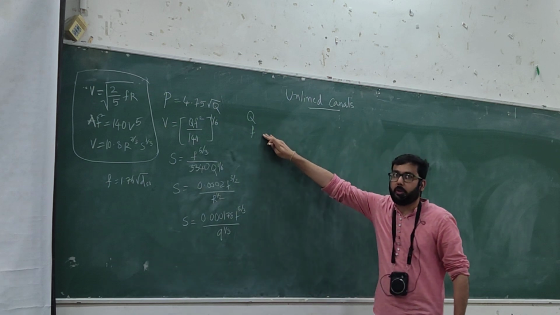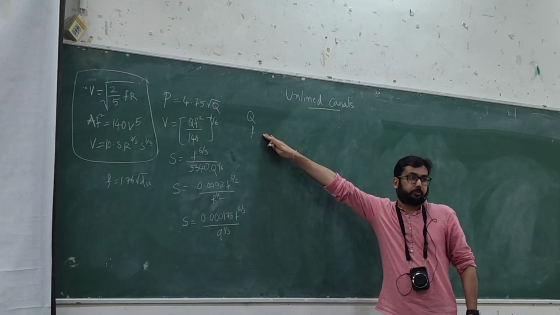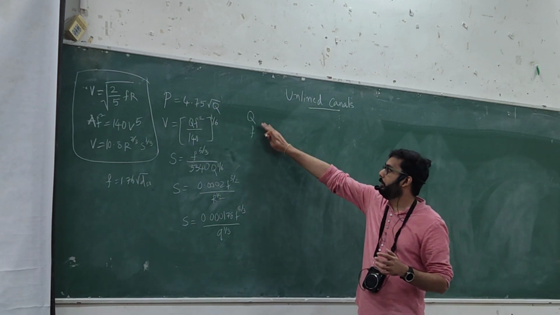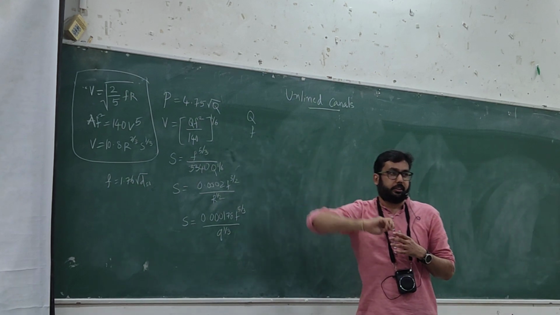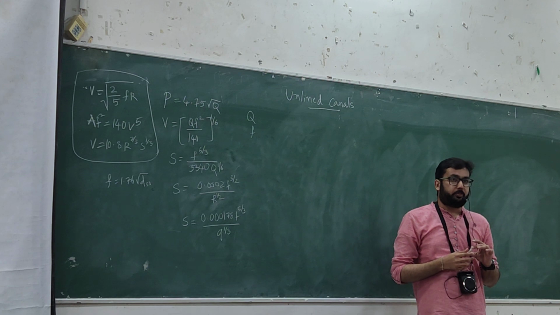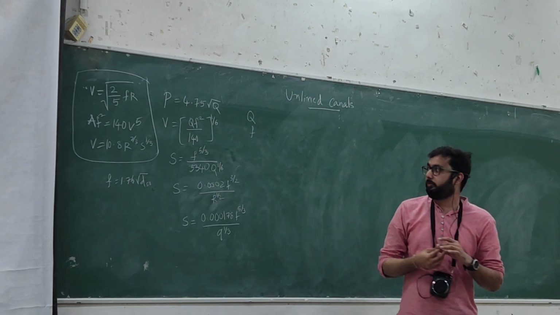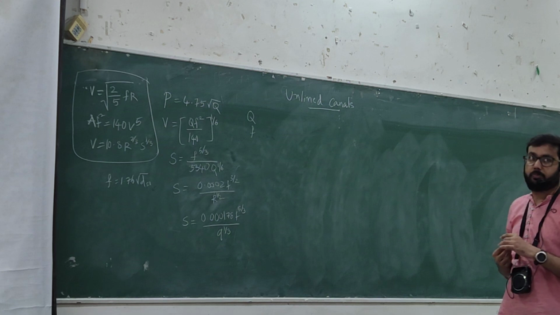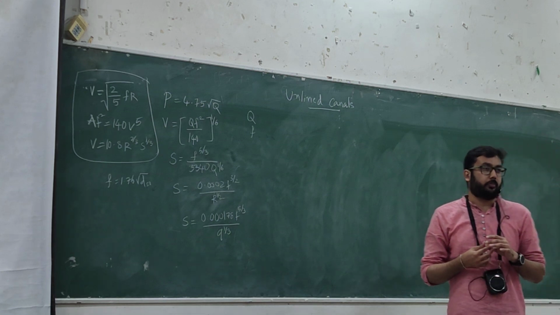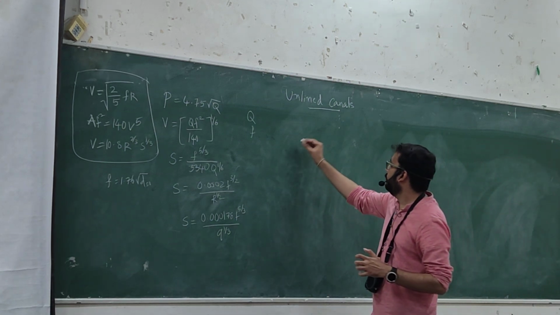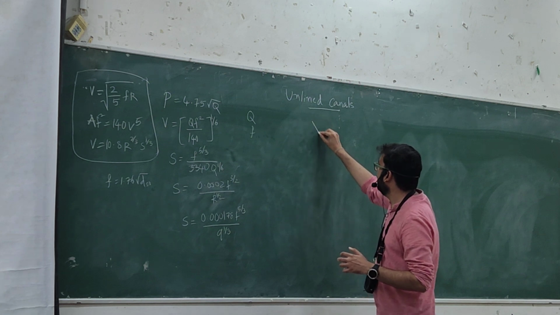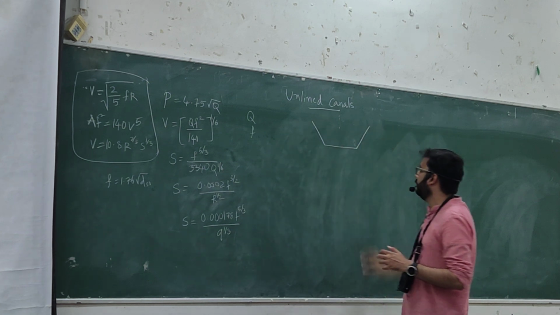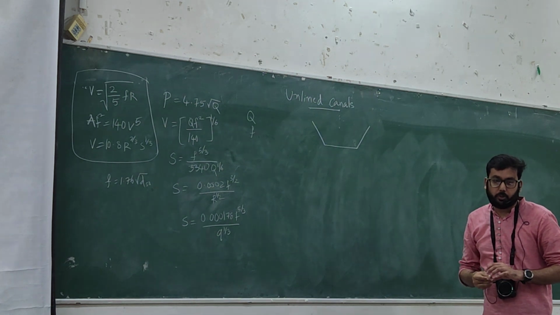So let's say we have Q and F. Now, based on these two pieces of information, we need to design a channel. And let's say we want to design a trapezoidal section, with some known side slopes.